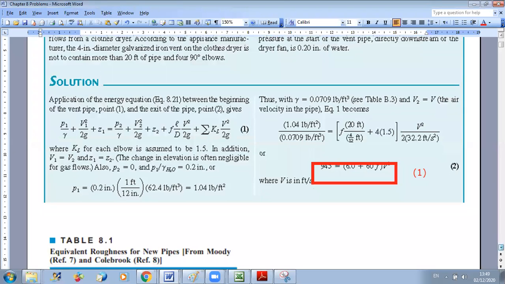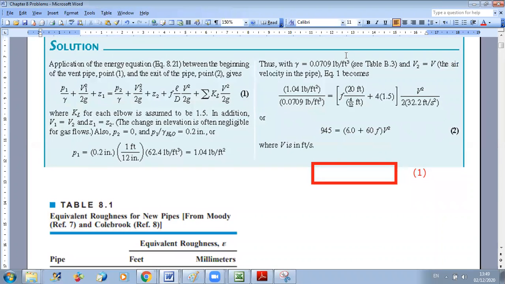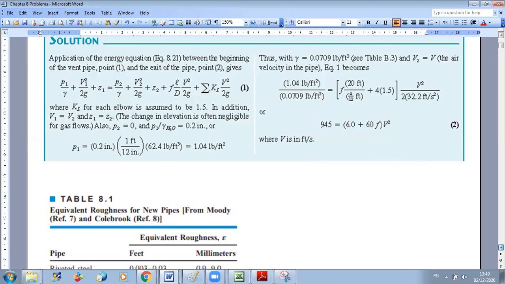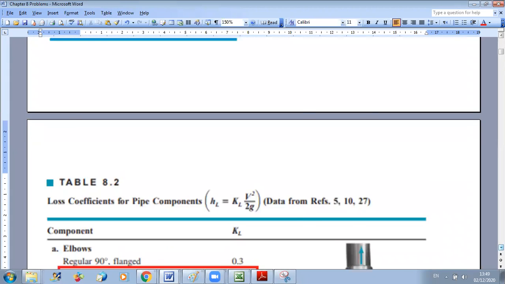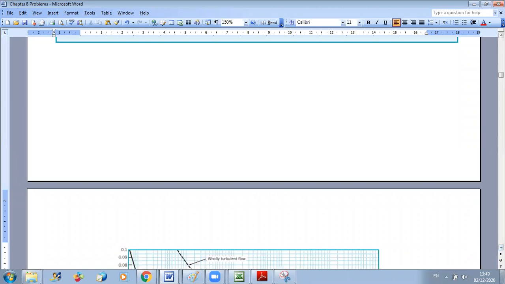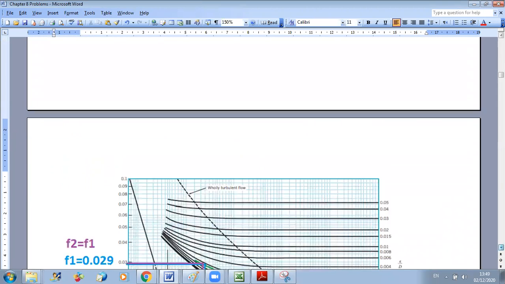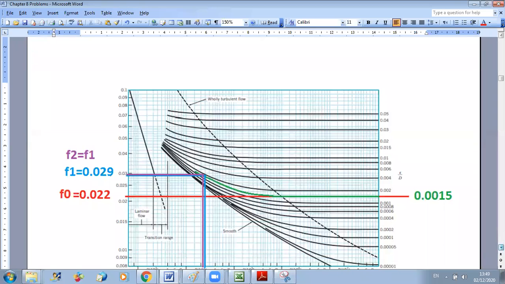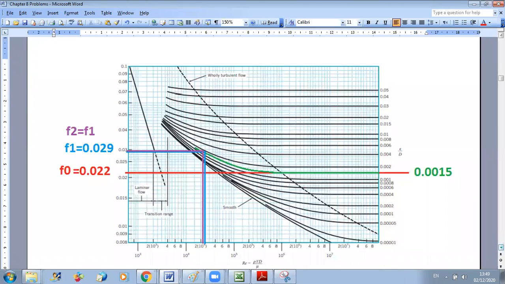So the Moody chart is an example of the result of dimensional analysis. You remember in the previous chapter, we said that when we want to do experiments, we should determine groups. And once we determine the number of groups, we can perform experimentation in order to know which parameter to vary. Okay. So here, for example, for piping systems, what are the main variables involved?